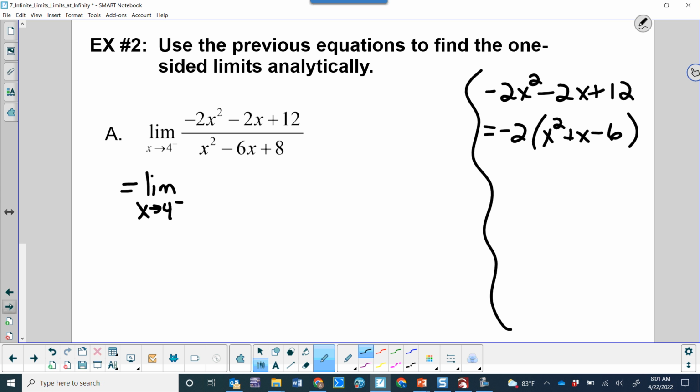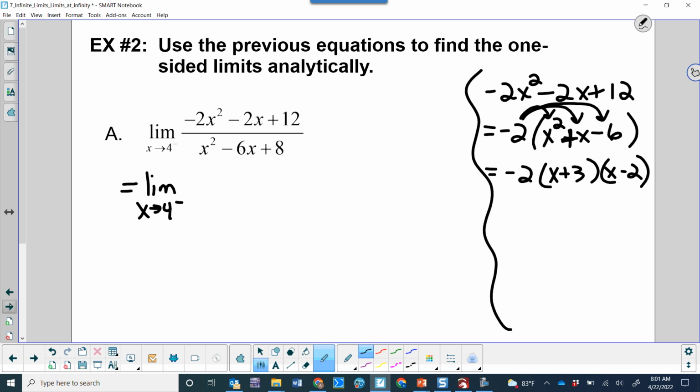Don't forget, every time you factor in your head, distribute and make sure that all of your signs match up. Then I would factor the inside: factors of -6 that add to 1, because that's a 1 in front of this x. So that would be +3 and -2.